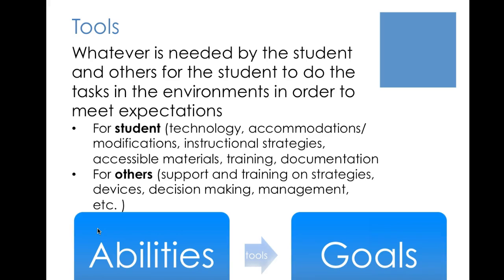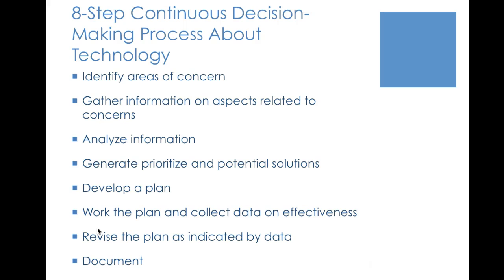That's where the general ed teachers come in. You should be part of the decision-making process about technology. You don't necessarily have to decide on the technology, but once it's been decided on, you should make sure that you've been trained on how to use it in your classroom and to support the learning in your classroom.